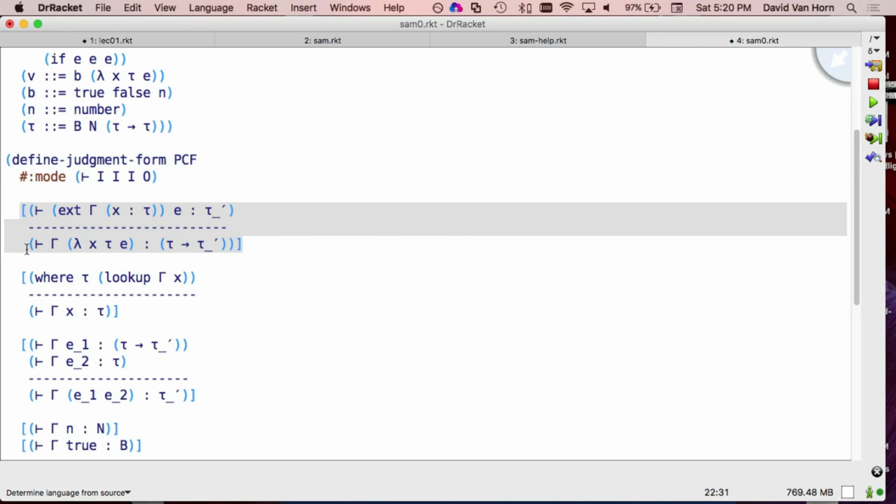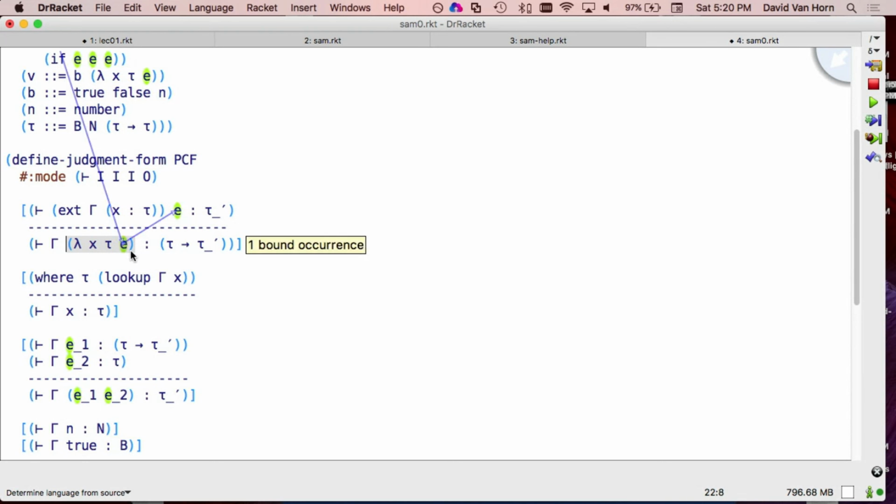So somebody gave us a type environment and an expression, and I'm saying if the expression matches that pattern I wrote here, namely a lambda term with a variable x, and I'm using these pattern variables x, tau, and e to bind those parts of the expression I was given, then above the line, I can use those.